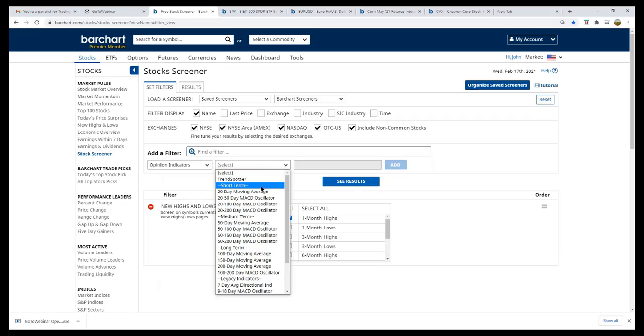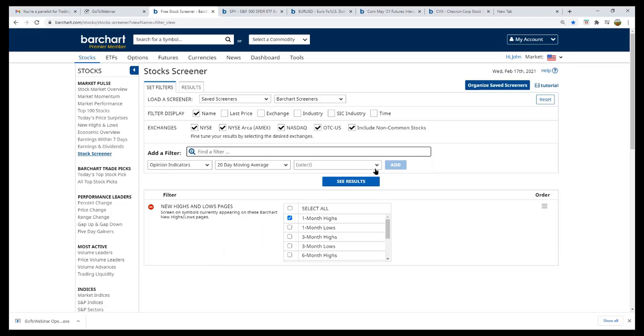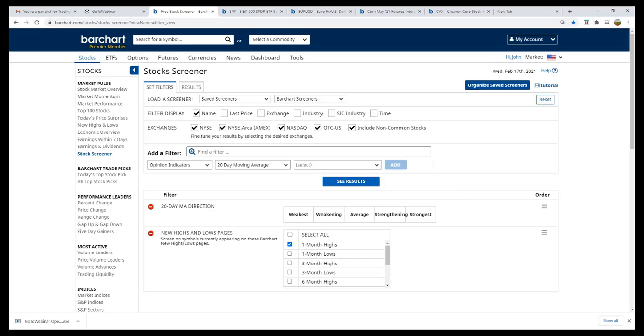And one that I personally like is that 20-day moving average, right? And I want to see that 20-day moving average signal, not only a positive signal, right, if I was going to buy a stock, but I want to see that momentum, right? I want to see that direction, okay? So I'm going to add that, right? And again, I want to see that engine revving, so I'm going to look for strengthening or strongest.